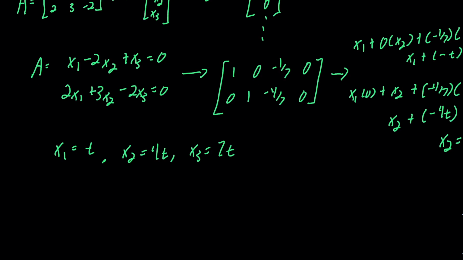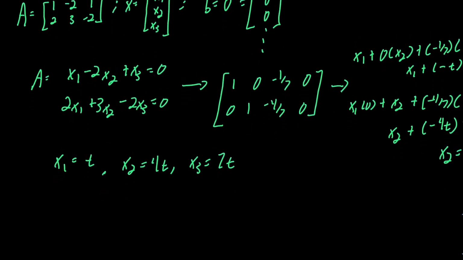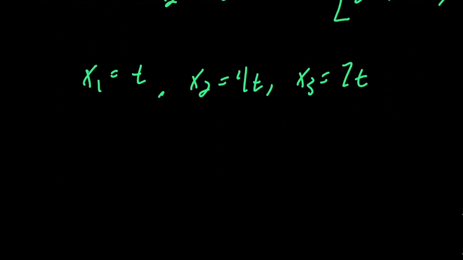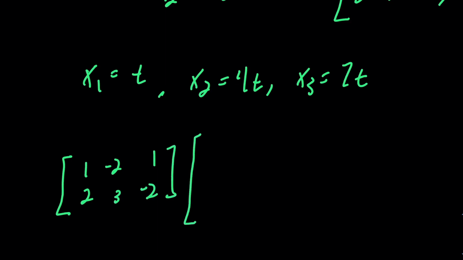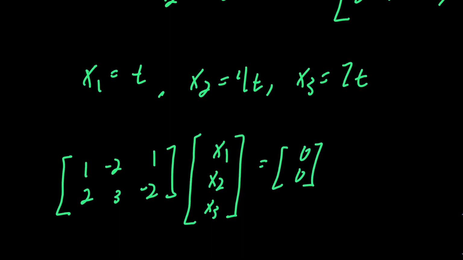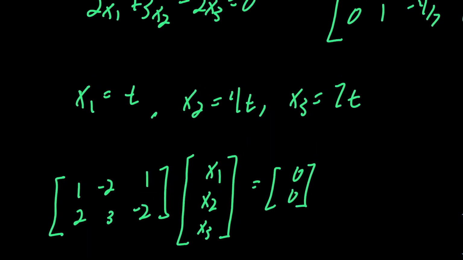So we have our parameters, and in matrix terminology, this is simply the equation from when we first started this video, which is the matrix 1, negative 2, 1, 2, 3, negative 2, times the column vector of x1, x2, x3, equal to the column vector consisting of zeros. And we've already deduced our x values as parameters.